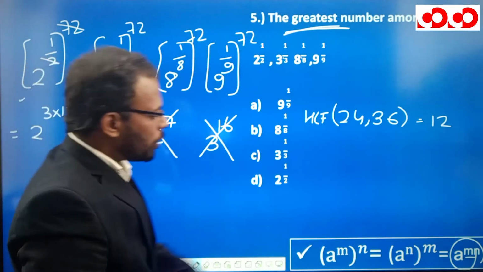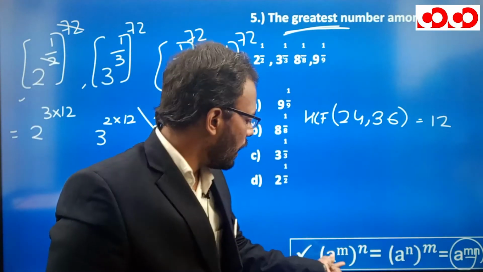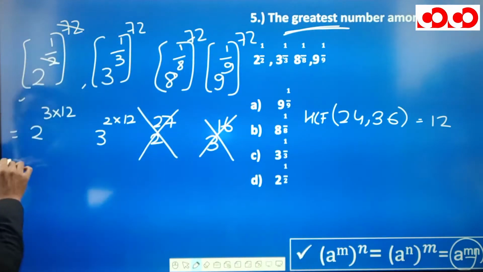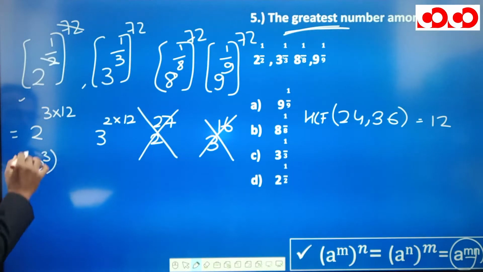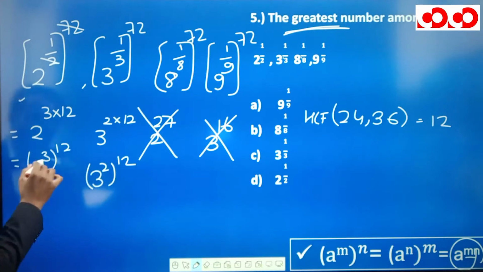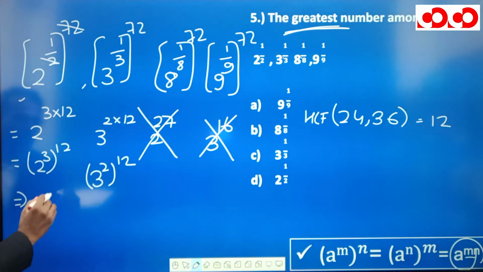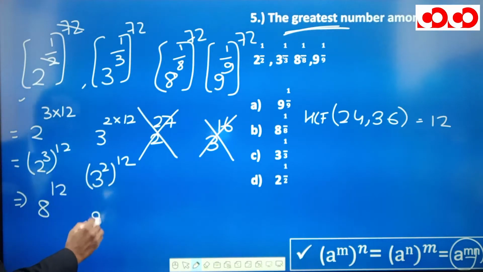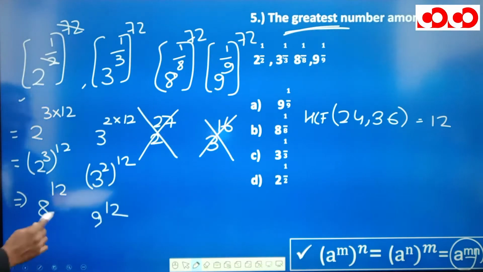And we know that a to the power mn is (a to the power m) to the power n. So again we will break it as (2 cube) to the power of 12 and (3 square) to the power of 12. This means this number is nothing but 8 to the power of 12 and 9 to the power of 12. Now can you decide which number is bigger?